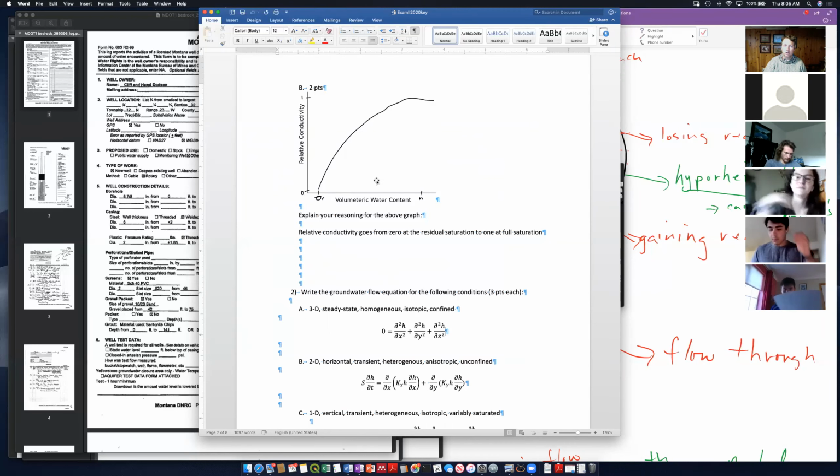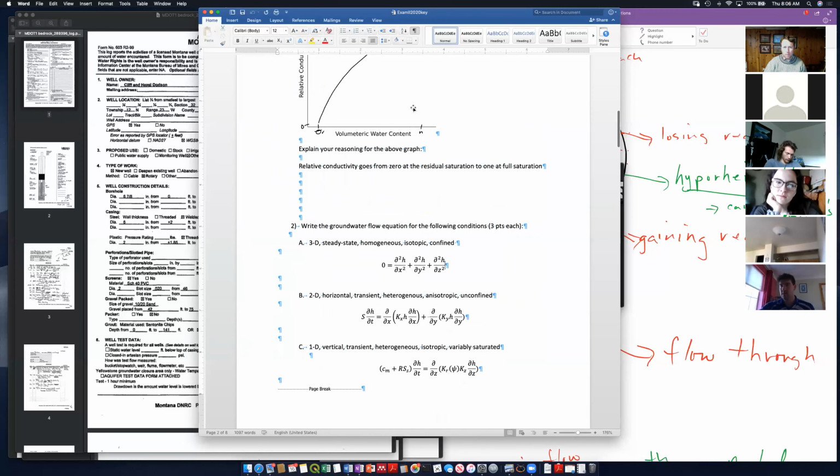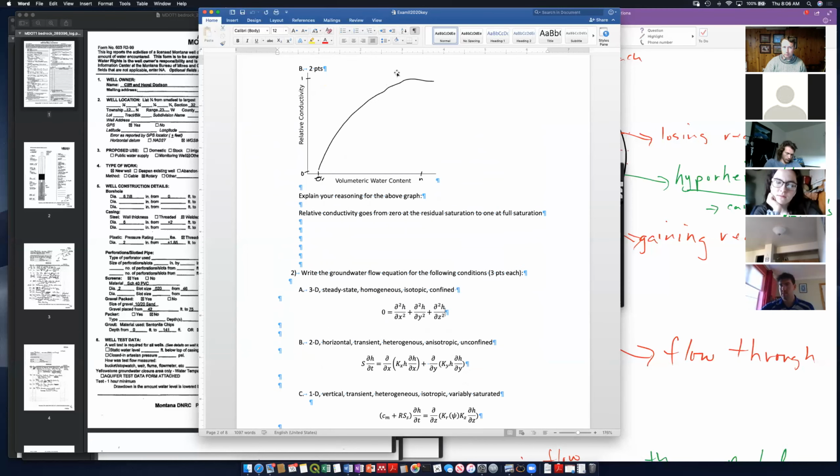The curve can't go like this. That implies that relative hydraulic conductivity exponentially increases as we approach porosity or full saturation. So it's got to flatten off and be asymptotic to 1.